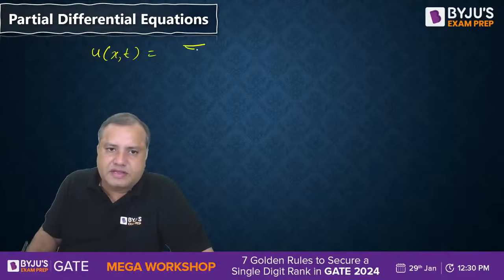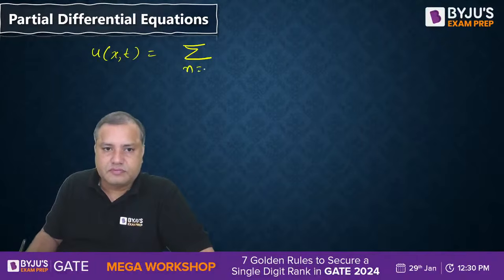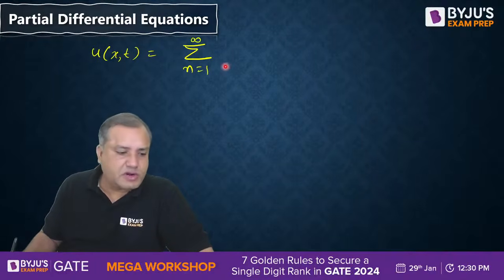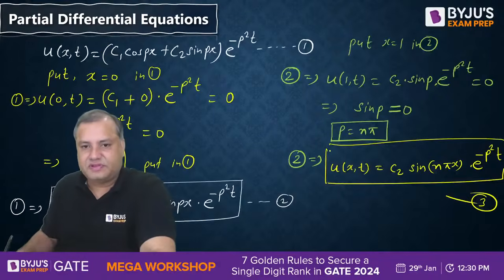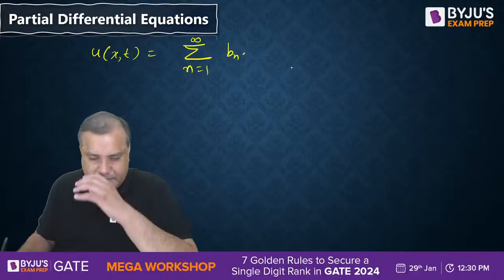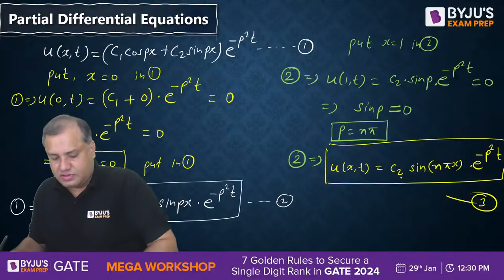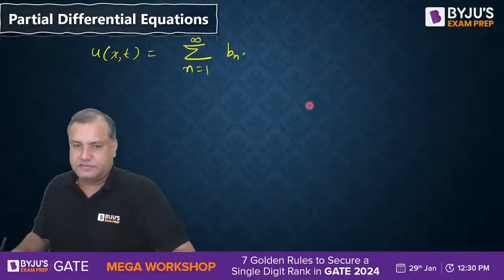I am writing this in a summation, believing that there may be more than one term. This is in accordance with the concept of Fourier series. And this C2 is replaced by a constant Bn. Then we have sin n pi x e minus p squared.